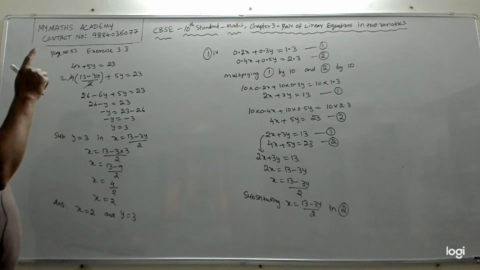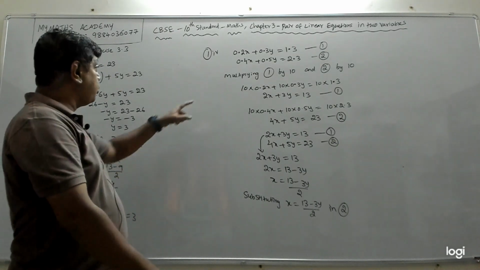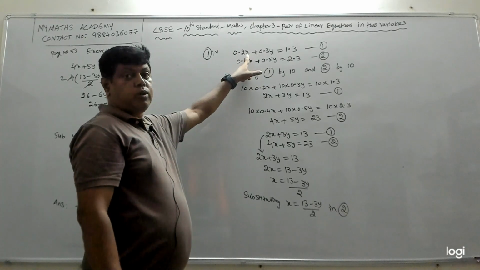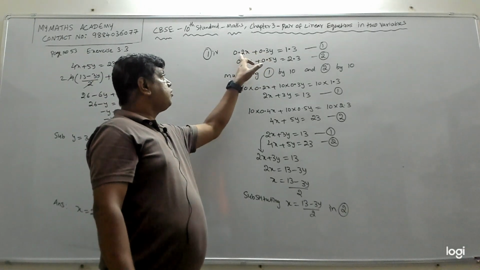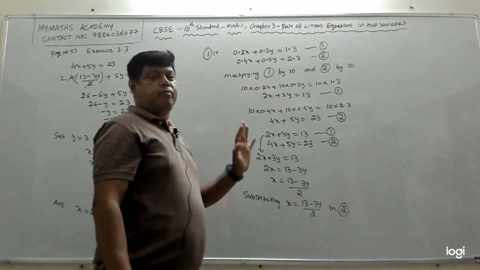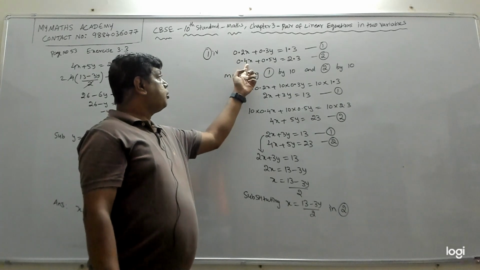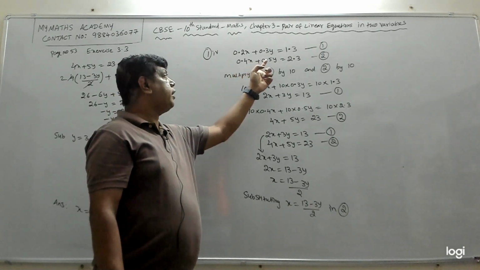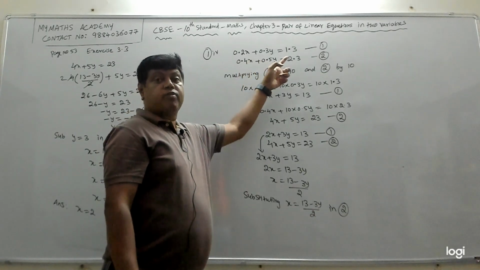So if you substitute x is equal to 2 and y is equal to 3, it will satisfy. So if you substitute x is equal to 2 here, 2 into 0.2 is 0.4, then 3 into 0.3 is 0.9, 0.4 plus 0.9 is 1.3. Similarly, 0.4 into 2 is 0.8, 0.5 into 3 is 1.5, 0.8 plus 1.5 is 2.3.